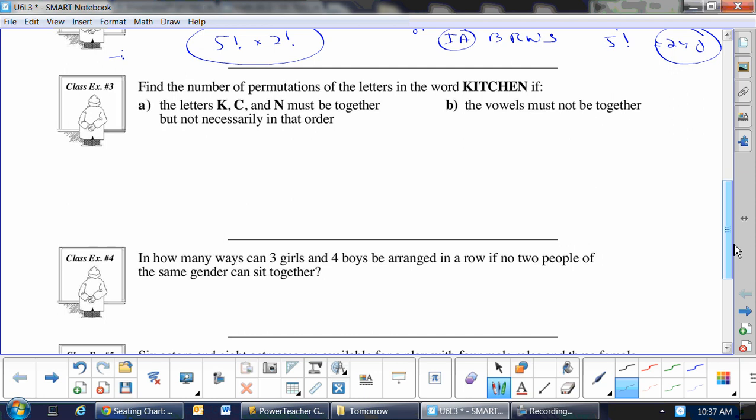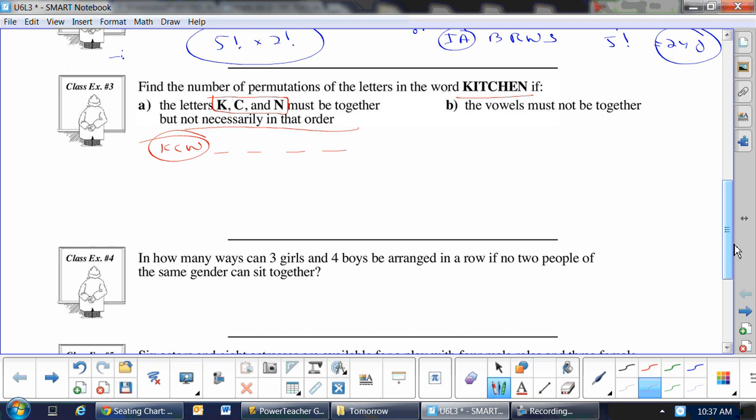Now, let's look. It says find the number of permutations in the letters of the word kitchen if K, C, and N must be together, but not necessarily in that order. Therefore, how many groups would we have? We've got KCN is one group, and then the rest, right?